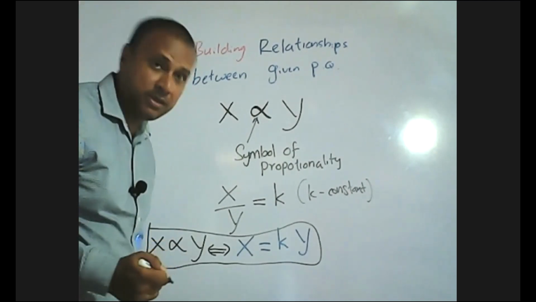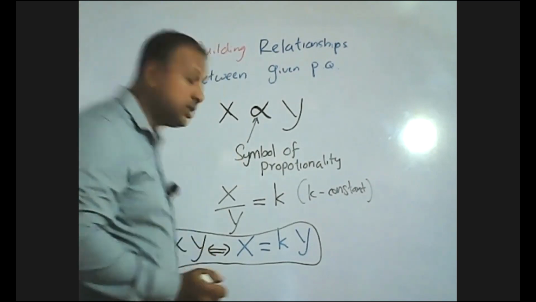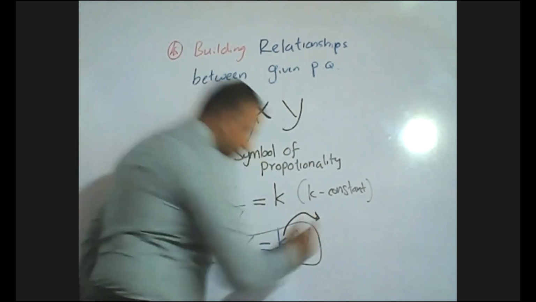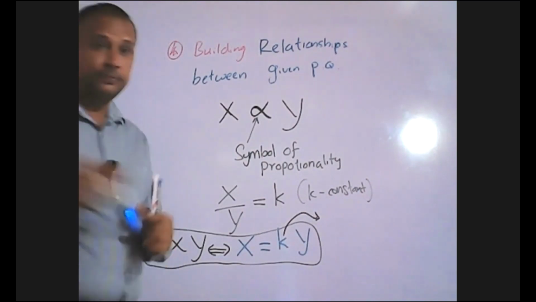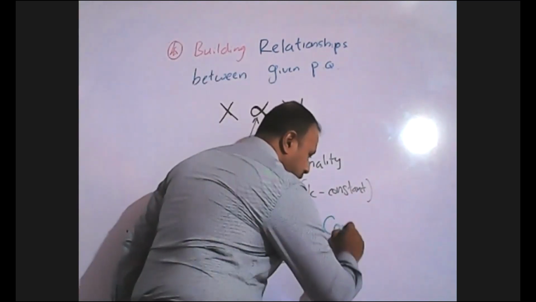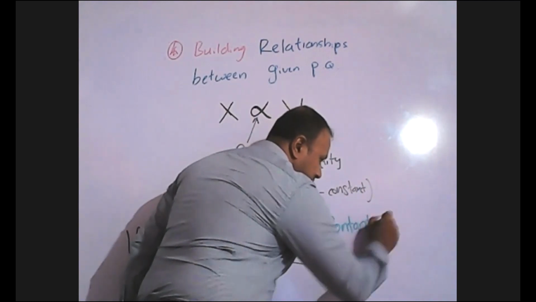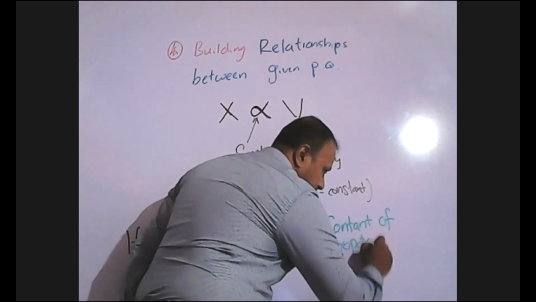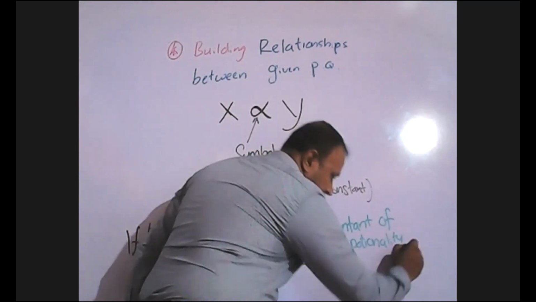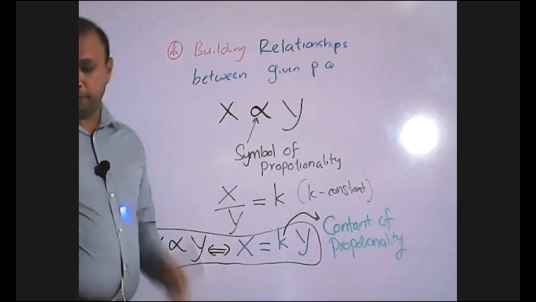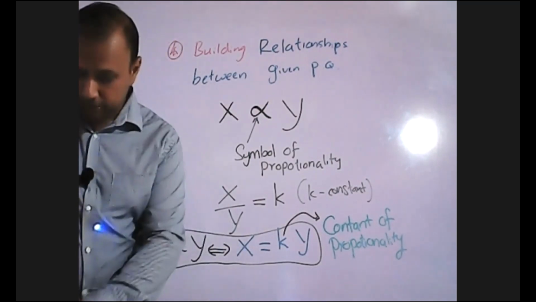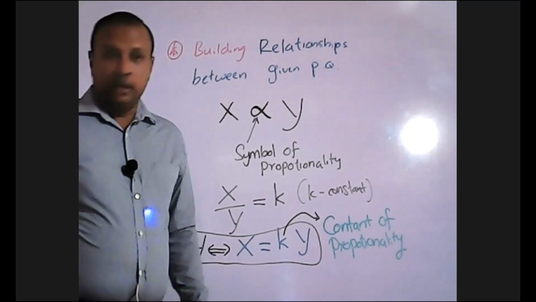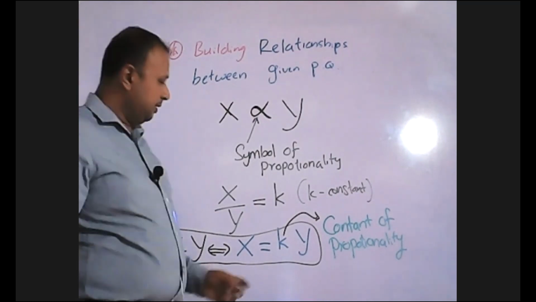Normally we call this constant the constant of proportionality, or proportional constant; both can be used.